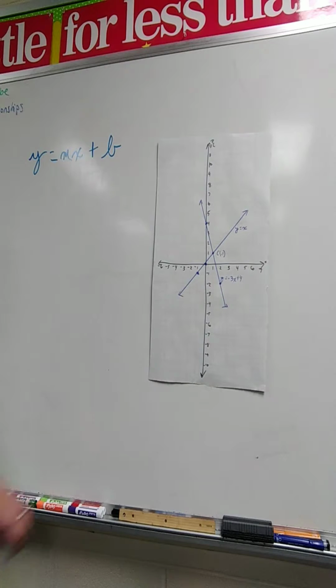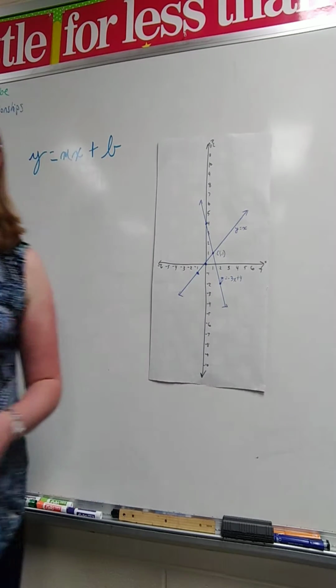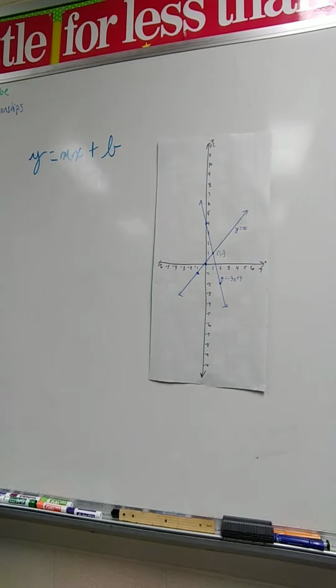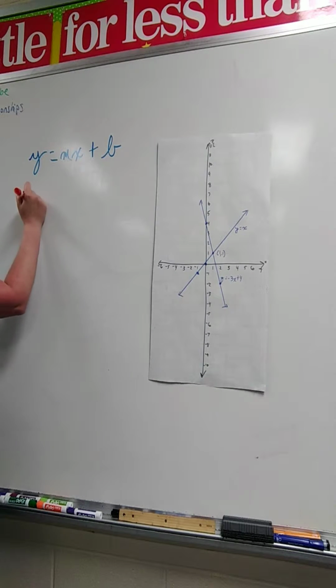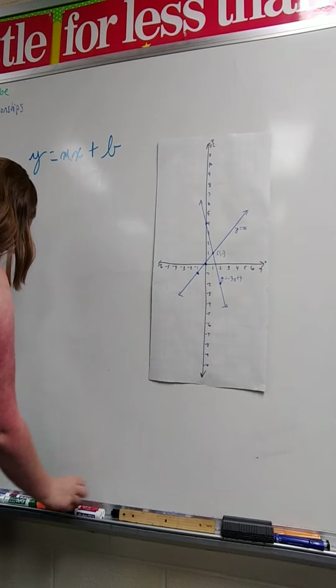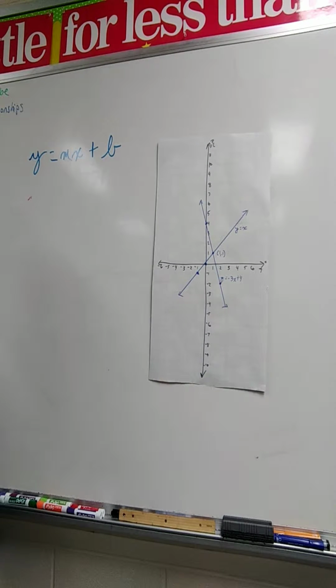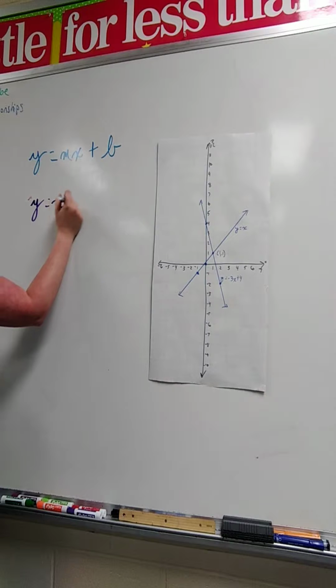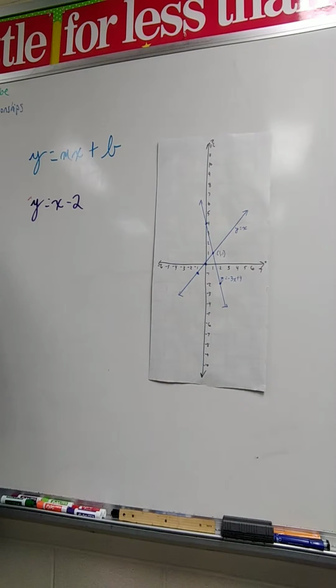In example 3, we're given the equations y equals x minus 2. Is this written in slope-intercept form?